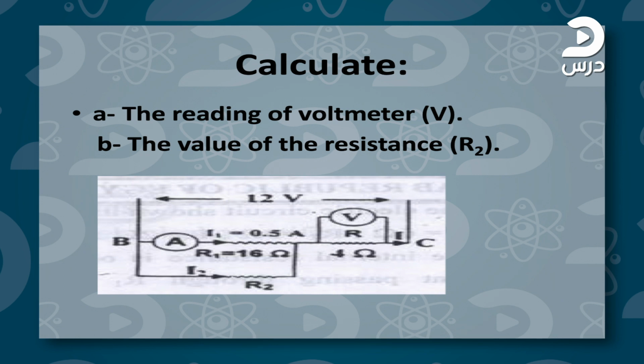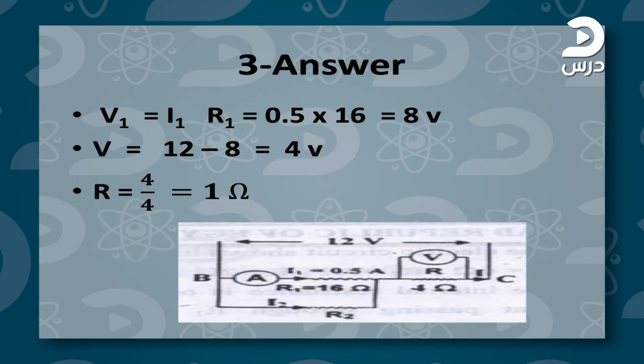Let's see the answers. Of course we have I1 and R1, so we can get V1 from here. V1 equals I1 R1, so half multiply 16 equals 8 volt. So V equals 12 minus 8 equals 4 volt. So R equals 4 divided by 4 equals 1 ohm.